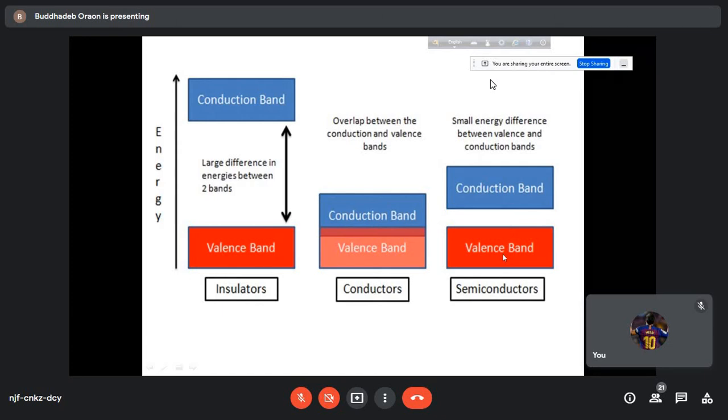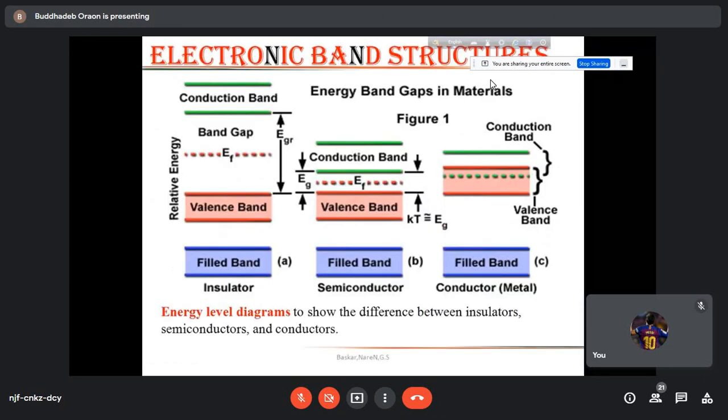So here are some ideas regarding the band gap, and also the position of the Fermi energy level has been shown here for different types of materials. On the left-hand side you have the insulator, and there we have the band gap. The Fermi energy level is at the middle.